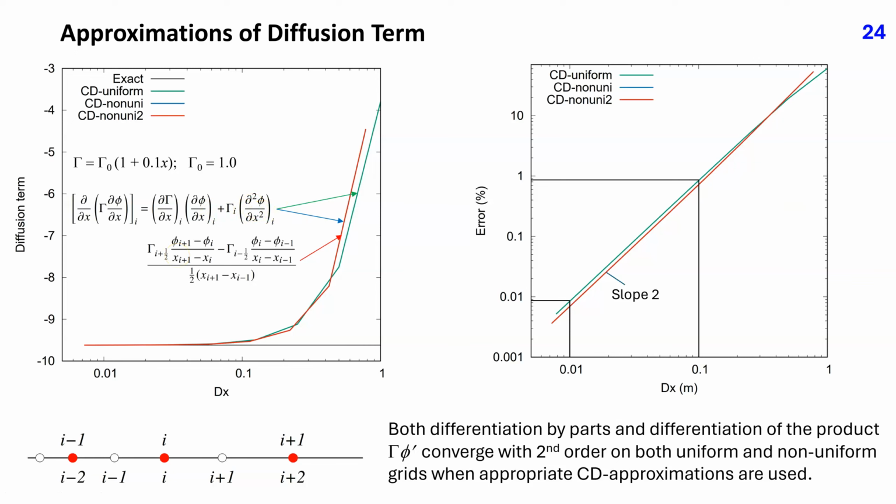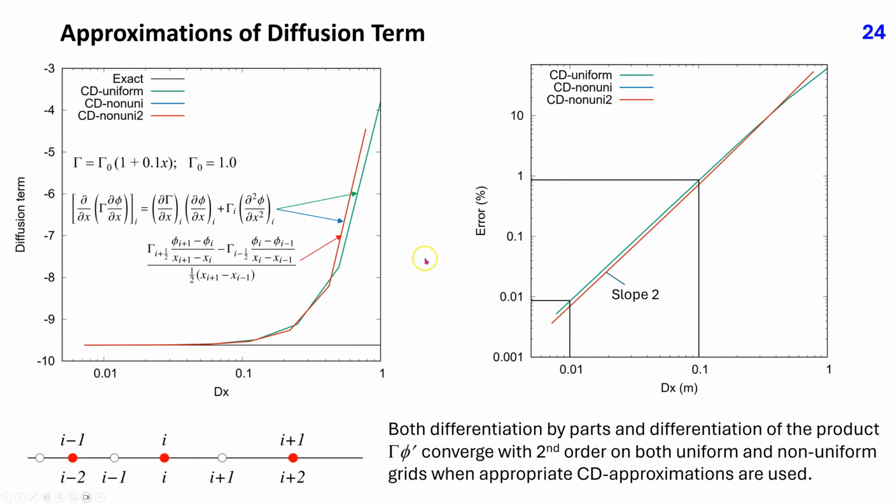In the second approach, the inner derivative of phi is approximated at auxiliary points midway between grid nodes and multiplied by the interpolated value of the diffusion coefficient. The outer derivative is then approximated with the central difference, as described in slide 19.